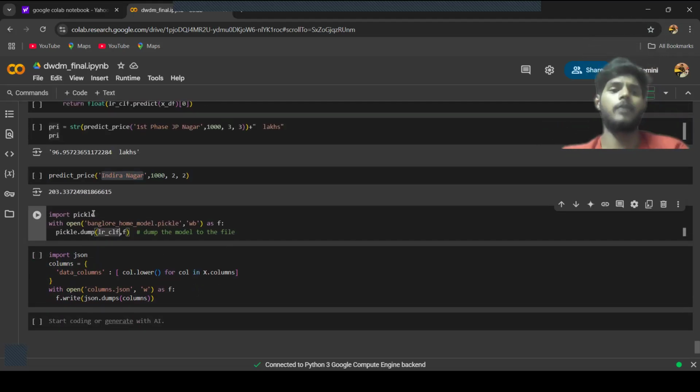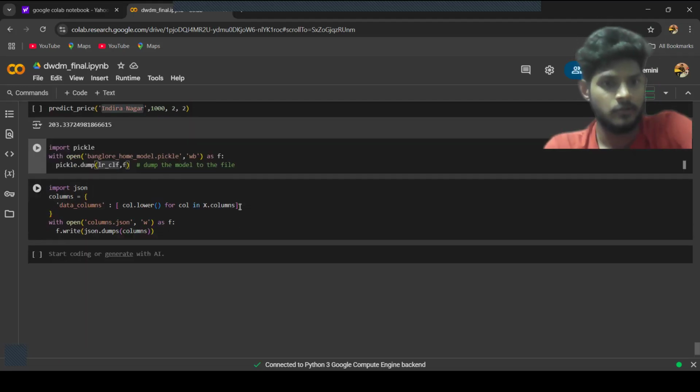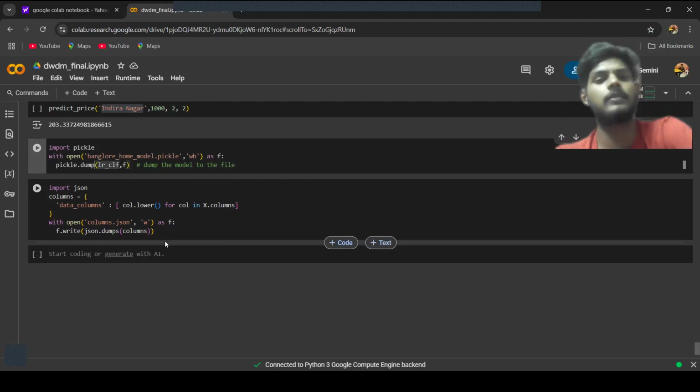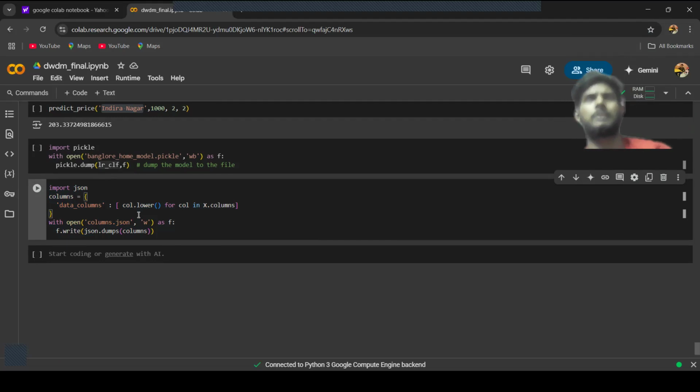We are using pickle to dump the model to a file. The JSON file is used for inputting, that means to store the input values.